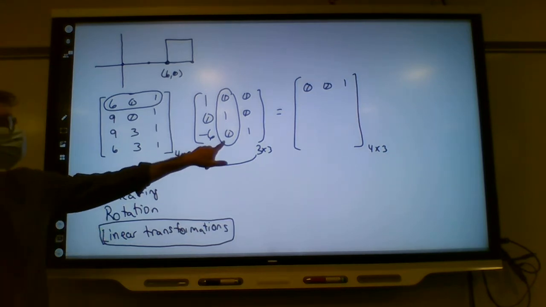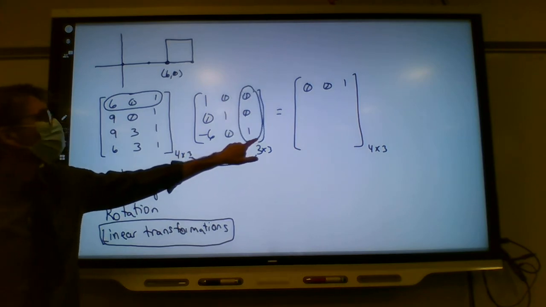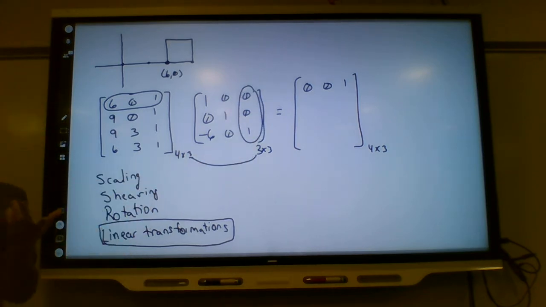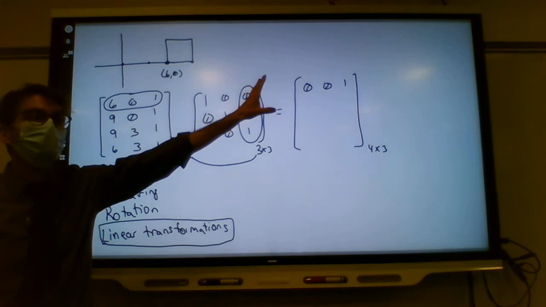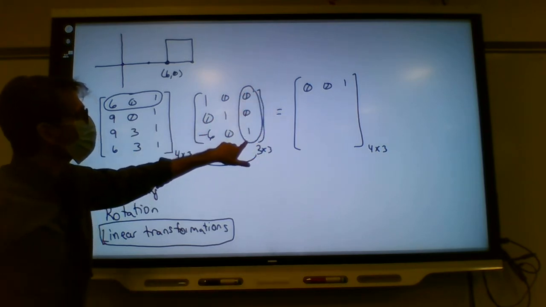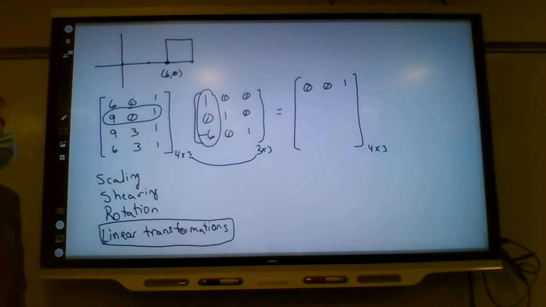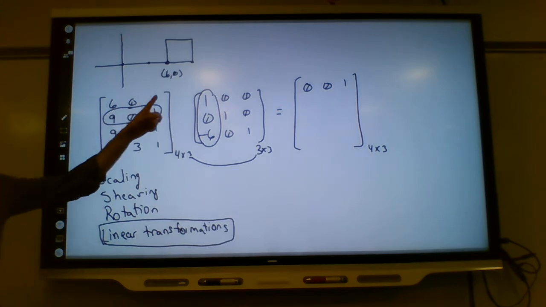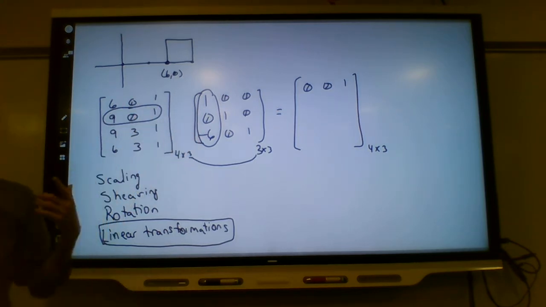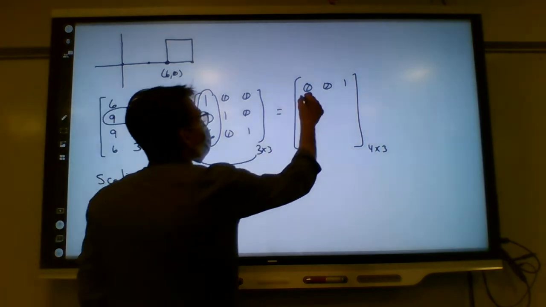It's also 0. And this is 1. So we got the first row that we wanted. Well, let's see what happens as we go through the rest of this. What happens here? So we have 9 minus 6, which is 3.